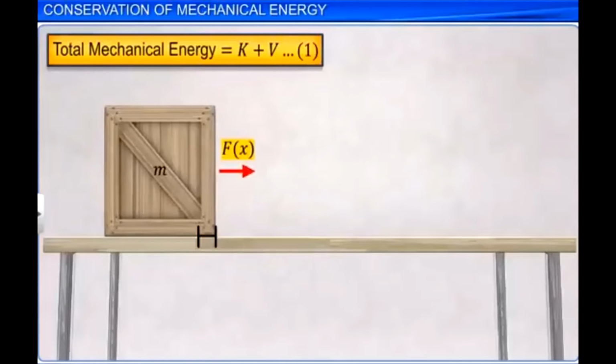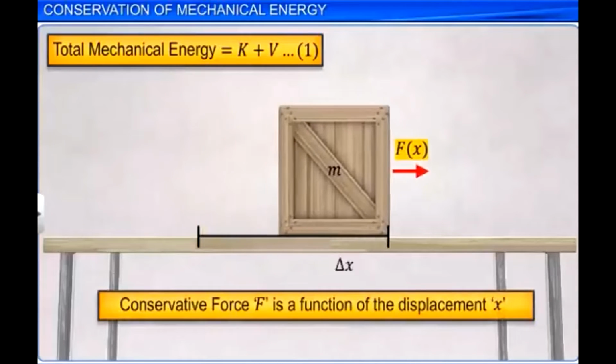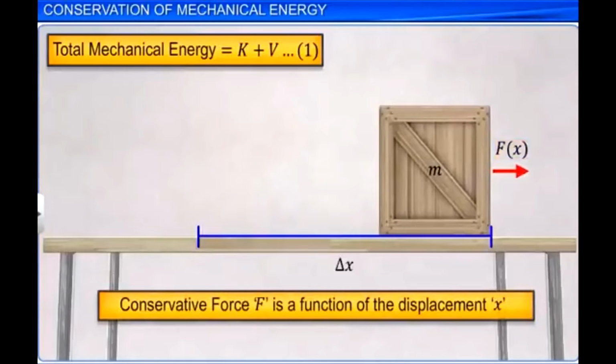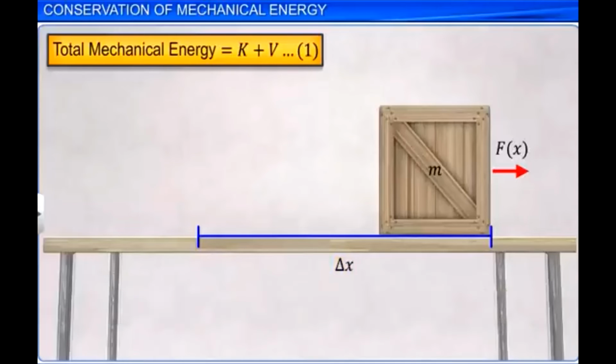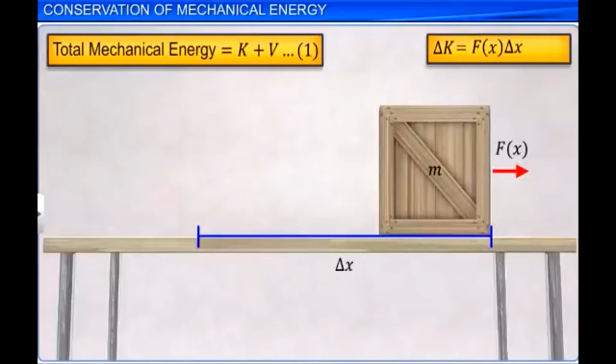If a body is displaced due to a conservative force F, which is a function of displacement x, then from the work energy theorem, the gain in kinetic energy is related to the work done by such a conservative force F(x), and is denoted by the equation delta K = F(x) delta x. Let this be equation 2.